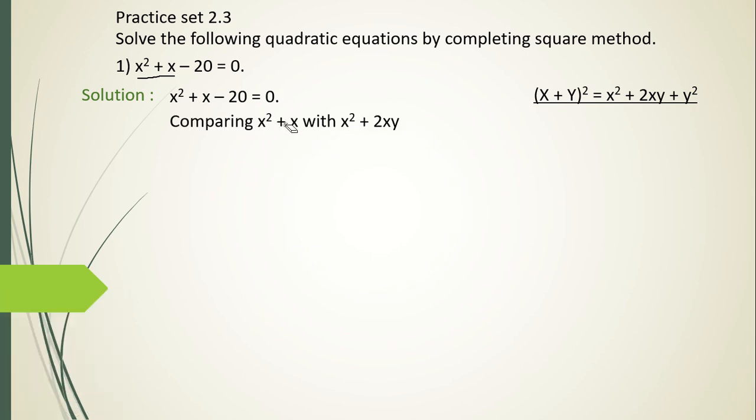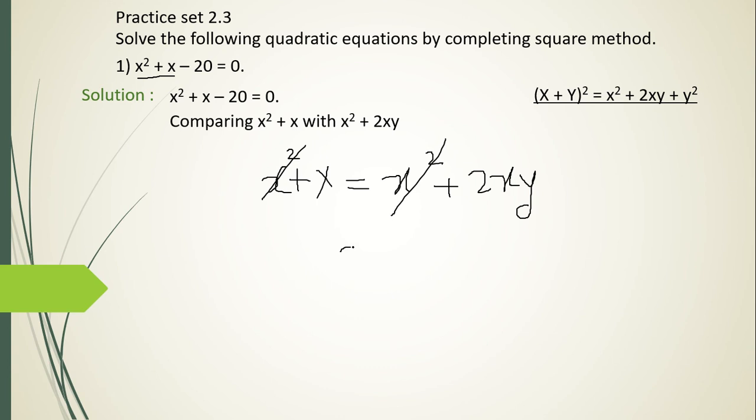So we compare x² + x with the first two terms of the formula, x² + 2xy, and find out the missing third term to perfect the square. x² gets cut, so we are left with x = 2xy.